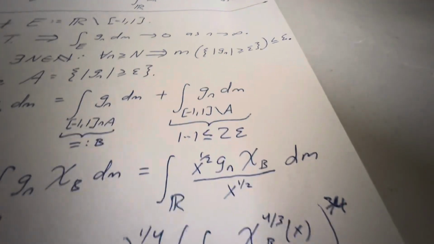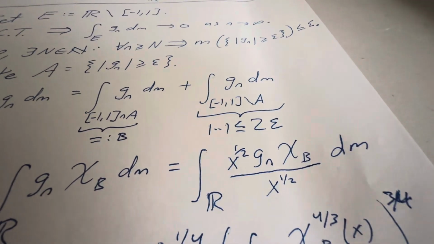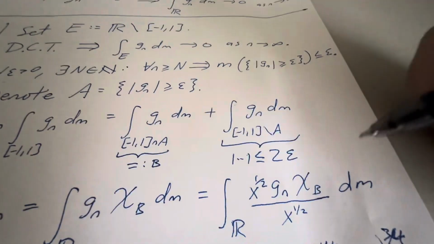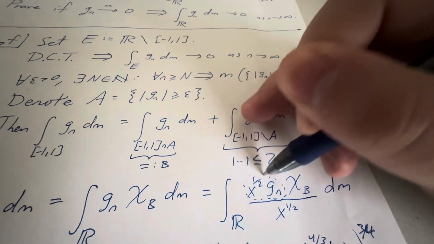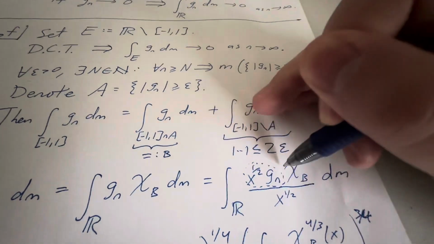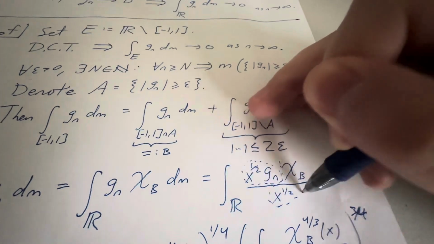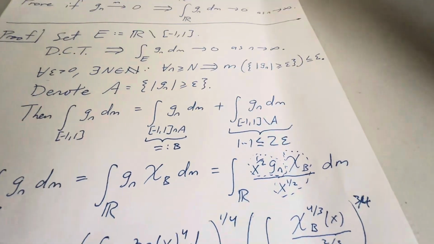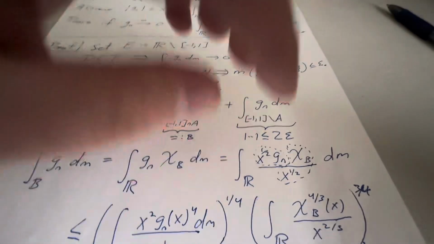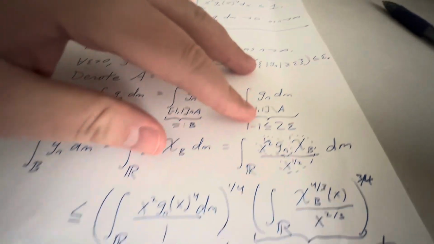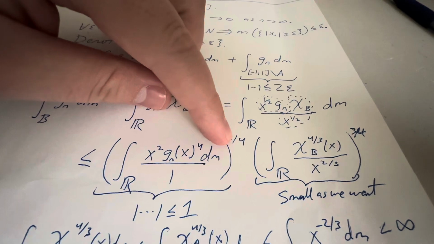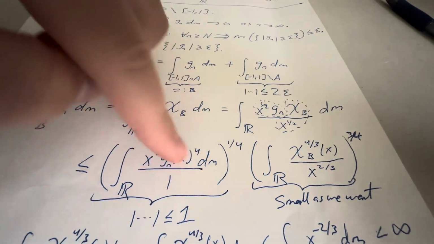So now that we've introduced it here, what are we going to do with it? Well, we can apply Holder's inequality. And by Holder's inequality, I want to apply Holder's to this as its own function, and Holder to this as its own function. So for this guy, we want to raise it to the 1/4 power, which means that the integral gets raised to the 1/4 power. So that's what happens here.